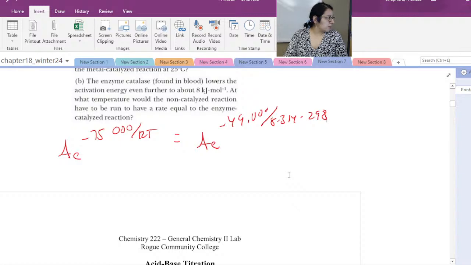And so let's see, so then we can take the log of both sides.